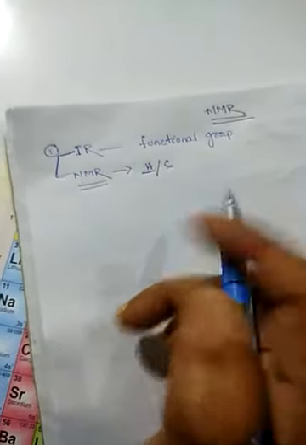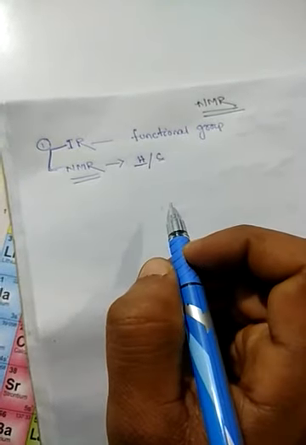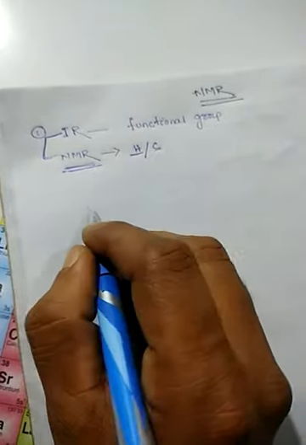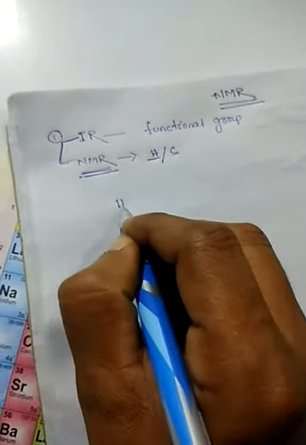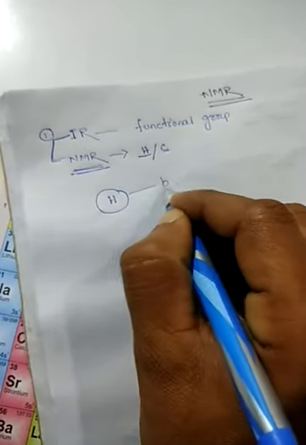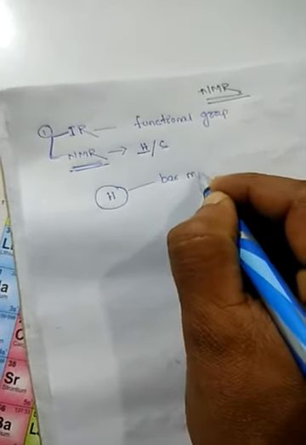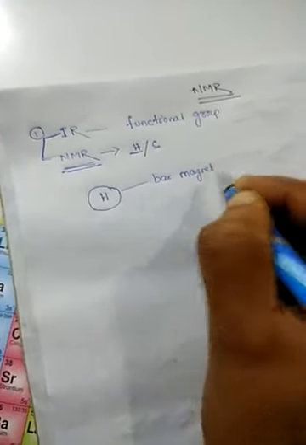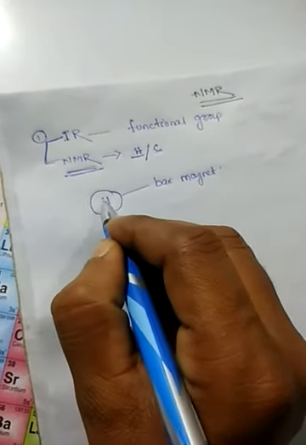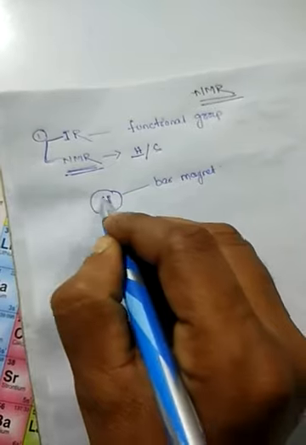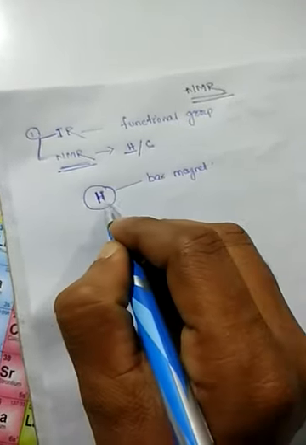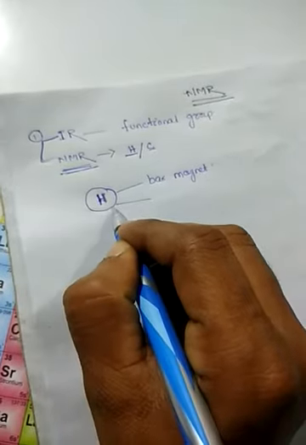As we know, in the case of NMR, the nucleus of a hydrogen atom will act as a bar magnet. Whenever it rotates, the nucleus of the hydrogen atom is always in motion, so it possesses both electric field and magnetic field.